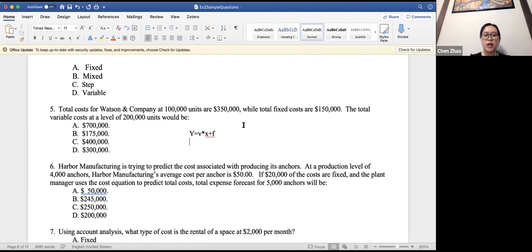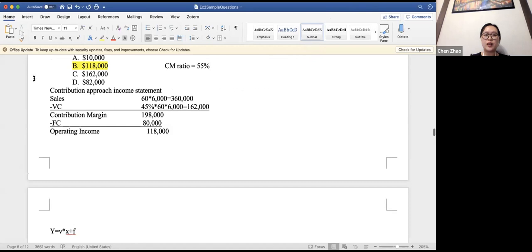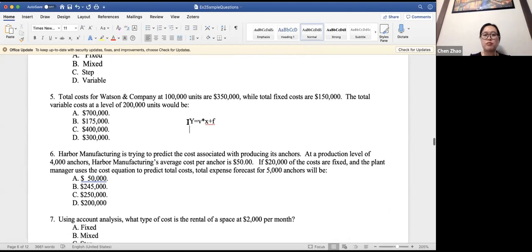So first, like I said in the prior question, you should write down the contribution approach income statement to figure out the problem. For this kind of problem, the first thing I think you need to do is to write out this cost function, including all these variables. Okay. So first, you can plug in all these numbers.